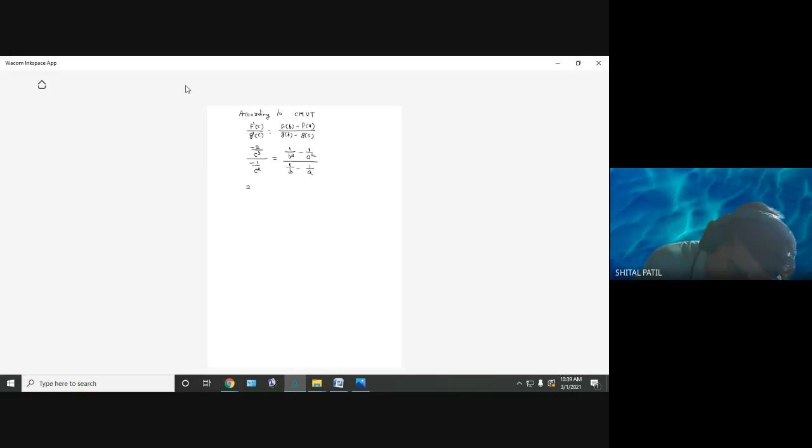Minus minus sign will cancel. 2 by C cube, C square by 1. This will be A square minus B square divided by A square into B square into A minus B, AB. C square will cancel. 2 divided by C equal to, AB will cancel, AB will remain. This will cancel, A plus B will remain.